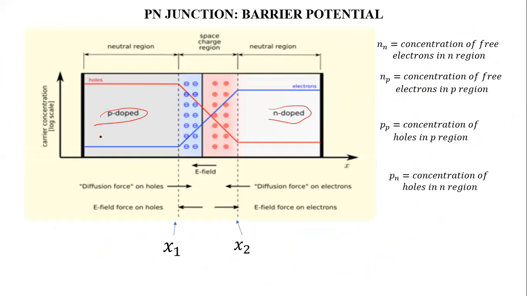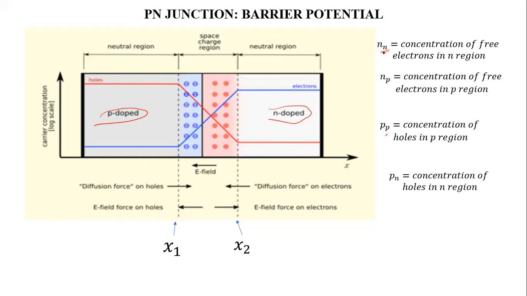So this subscript p here represents the p-type material. So pp means the concentration of holes in the p region, which is the majority. np means the concentration of free electrons in the p region, that is the minority charge carrier.